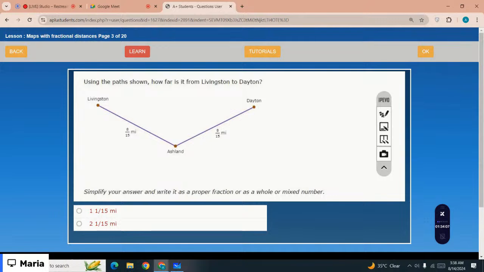So the correct option is 1 whole 1 by 15. Option number 1 is the correct option.